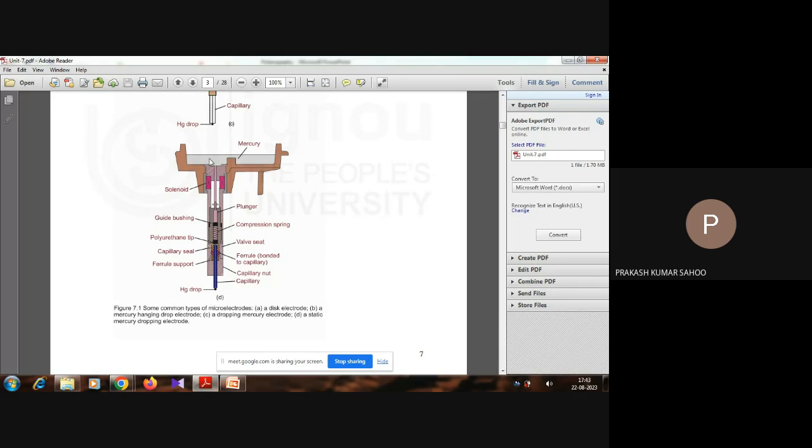This part contains the mercury, and mercury will flow through this capillary, and we have some instrumentation parts like a solenoid here, then a plunger here, then a guide pushing, a compression spring. This is very important: the capillary is placed here, and there will be a static flow of mercury. So this is known as the static mercury drop electrode.